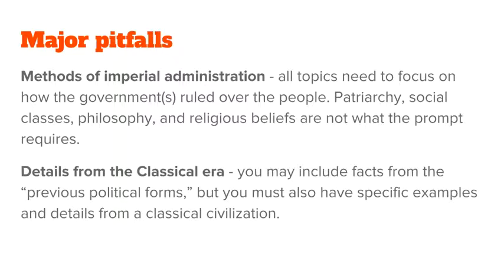Second major pitfall that we saw is needing details from the classical era, particularly that later part of the classical era. So if you're discussing the Roman Empire, you need details about Rome. If you're discussing Han China, you need details from Han China. You can also have those facts from the previous political forms, but you need the specific examples from the civilization that you're detailing in the bulk of your essay.